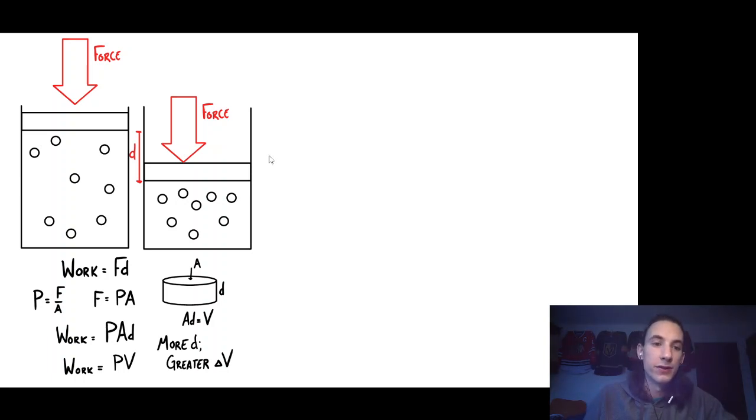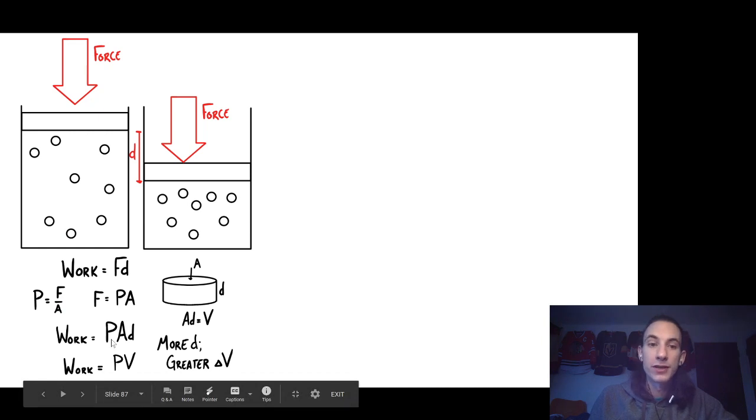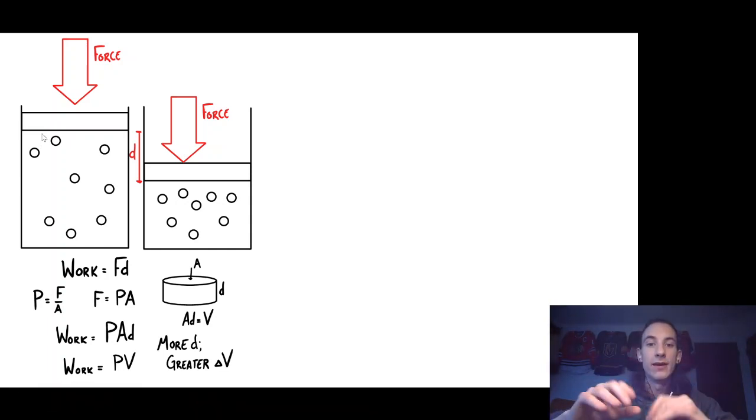We know that pressure is equal to force over area. So let's replace our term for force with pressure times area. Let's rearrange that. Force is equal to pressure times area. So now if we plug that back in, our work is equal to pressure times area times our displacement. And if we picture this with a little isometric view instead of a head-on view, we see that the volume of our gas decreased.